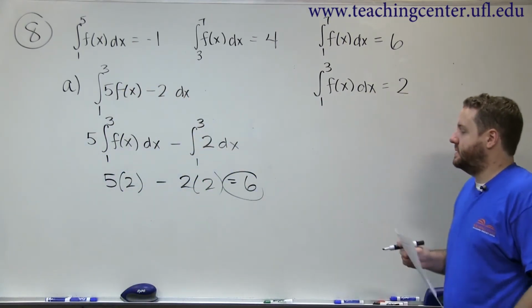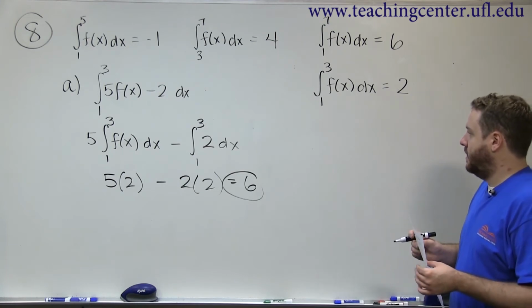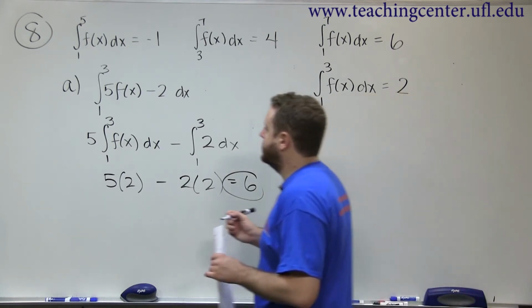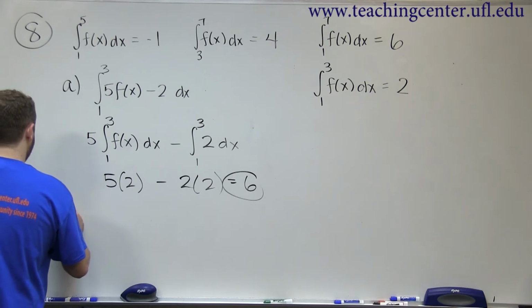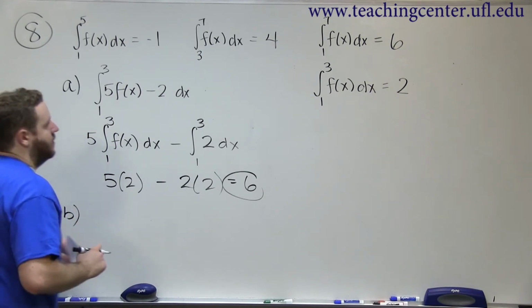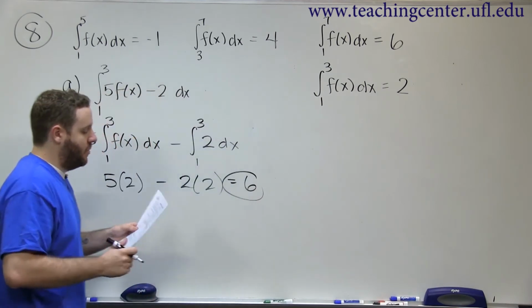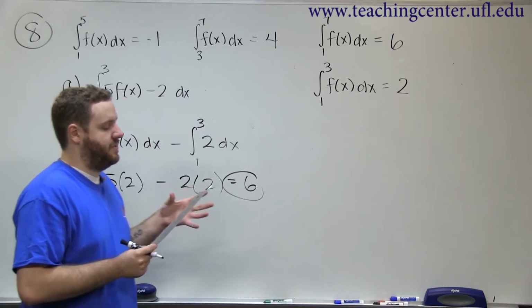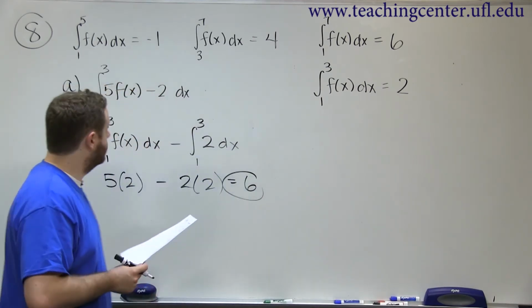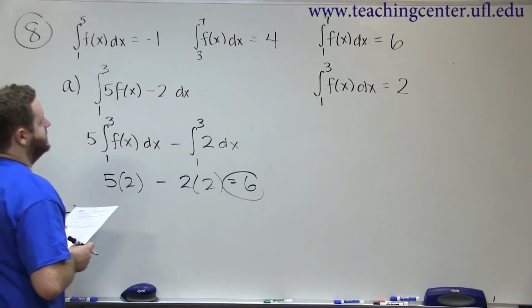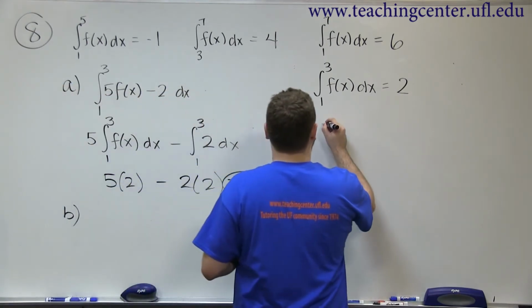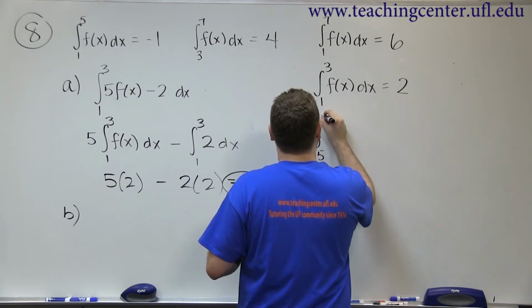So part B asks us to find the other remaining parts. We already figured out the integral of f of x from 1 to 3 is 2, so that's here. We also need to find out the part that's 3 to 5 and the part that's 5 to 7. Well, the part that's 5 to 7 might be more obvious first, so I'll do that one.